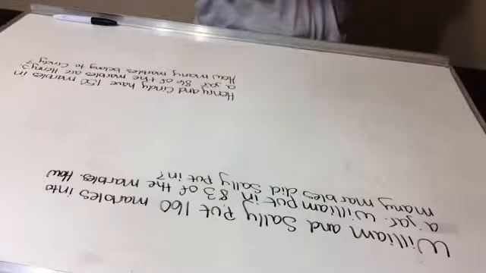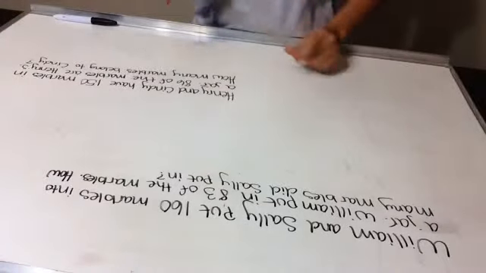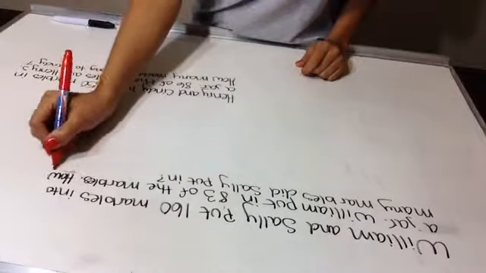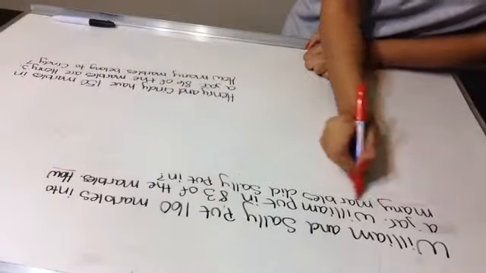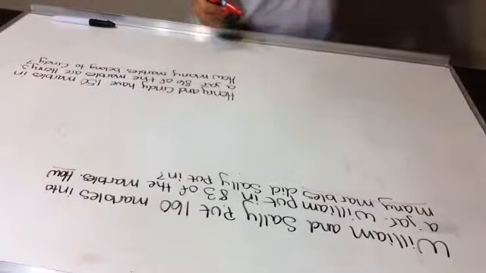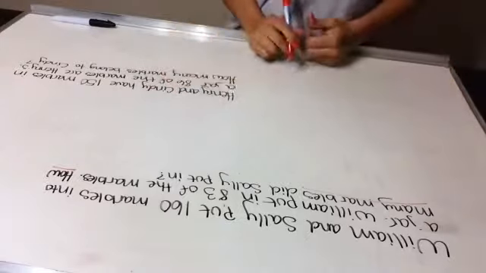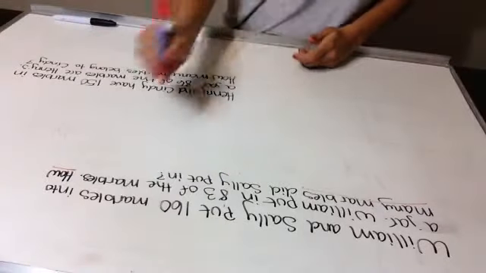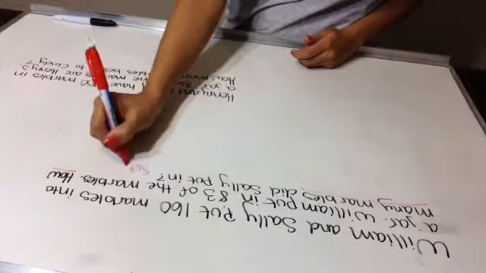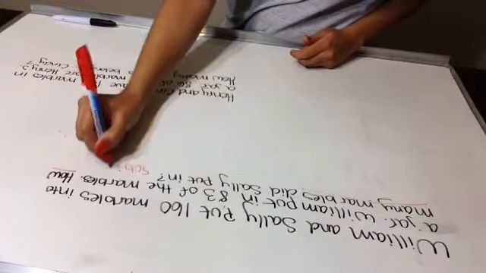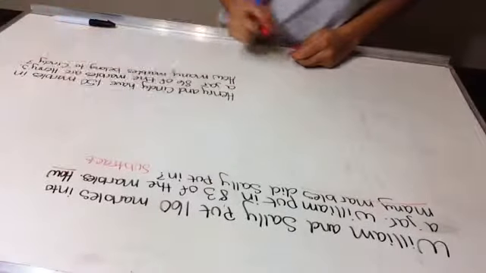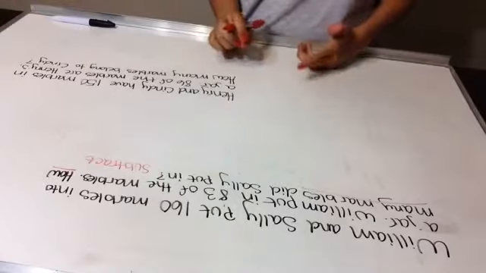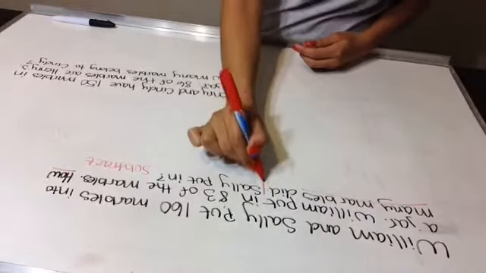So let's look at what the problem is asking us. It wants to know how many marbles. So from this question, we know that we are going to need to subtract. It wants to know about Sally.